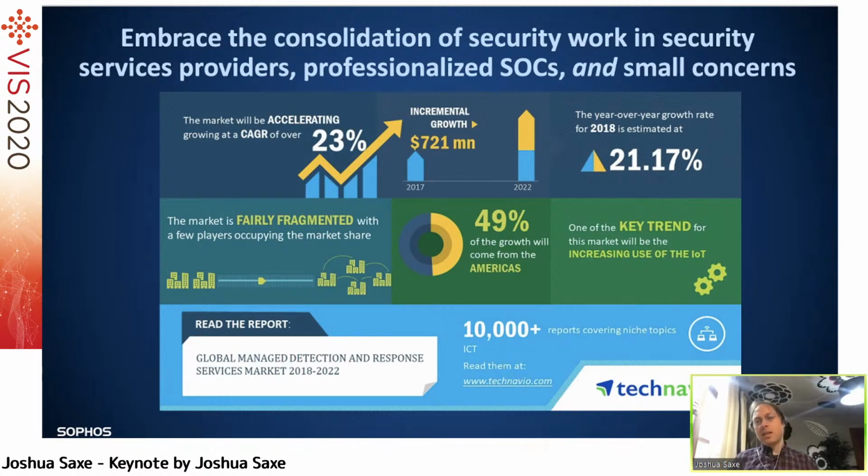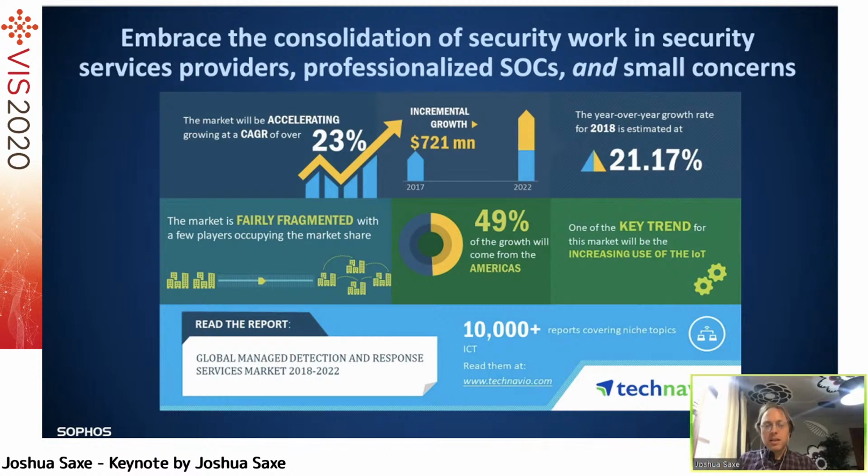The way this works is the large company, be it Sophos or CrowdStrike or some other organization, will install a small agent on the customer network that will feed security relevant data up into the cloud, where analysts on the security company side will have access to it and hunt for threats.